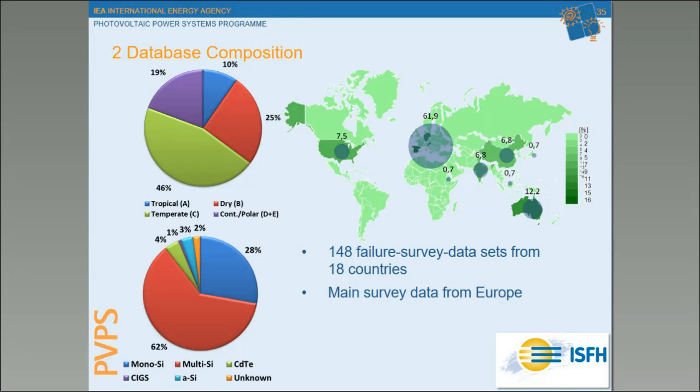With respect to the module technologies, the highest percentage is multi-silicon wafer, 62%, followed by monocrystalline PV modules, 28%, and about 8 to 9% of thin-film technologies.